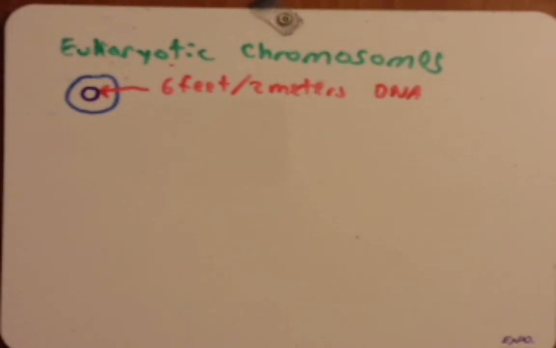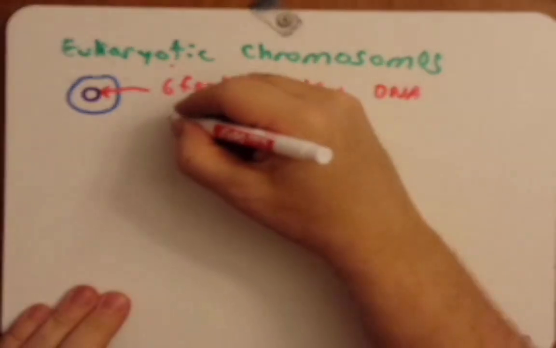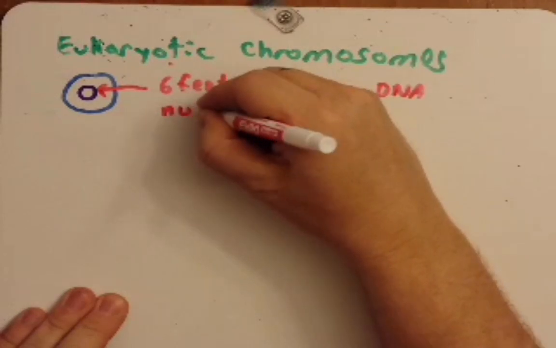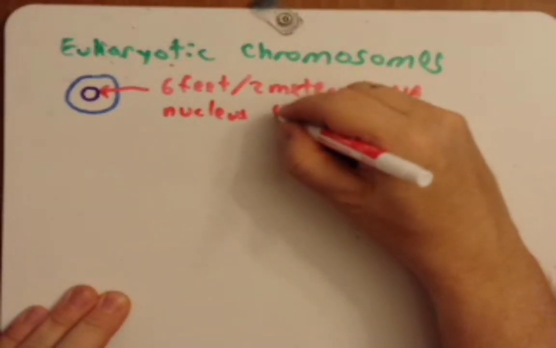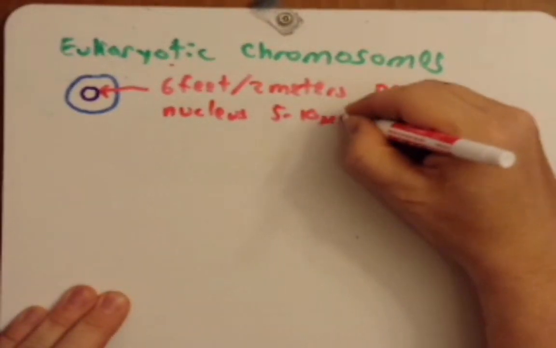Another example that shows the enormity of this process is that the smallest human chromosome, if you stretched it out from end to end, stretches to about 14,000 times the length of a nucleus. A nucleus is about 5 to 10 micrometers.